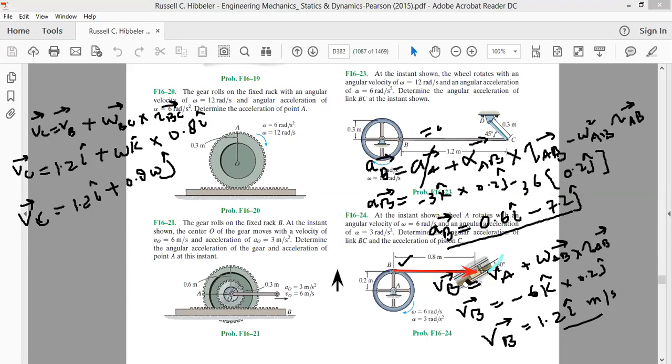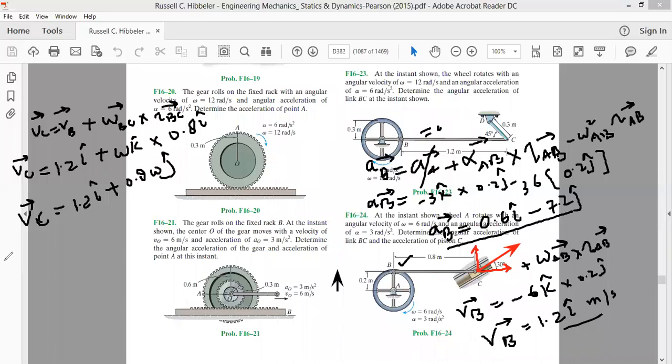Look at the velocity of C. Velocity of C is in this direction, because it is sliding in this direction. So velocity of C can be resolved into two components: VC cos 30 along the x-axis and VC sin 30 along the y-axis.